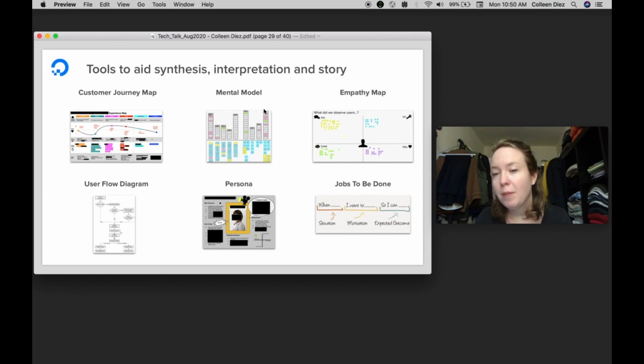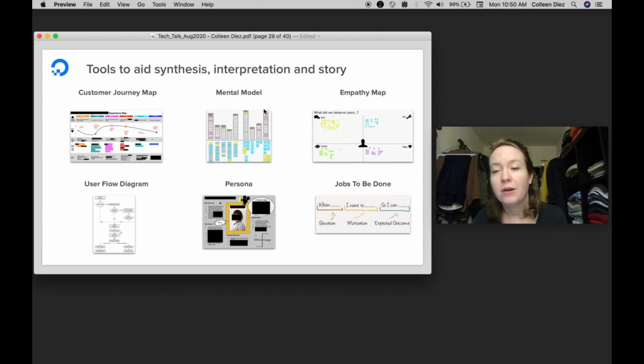An empathy map is also something that we use with customers as we're going through interviews. The team will actually put together an empathy map as they're observing interviews. And so you're compiling information about what customers say versus what they do, think, and what we are observing them feeling as they're interacting with our product.